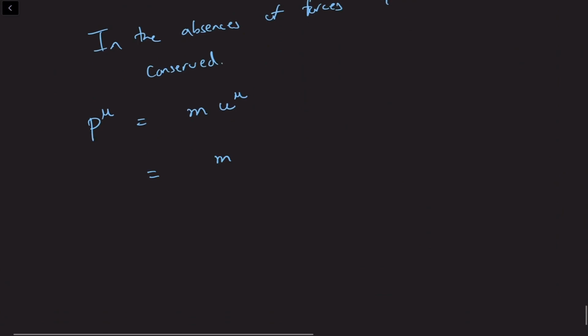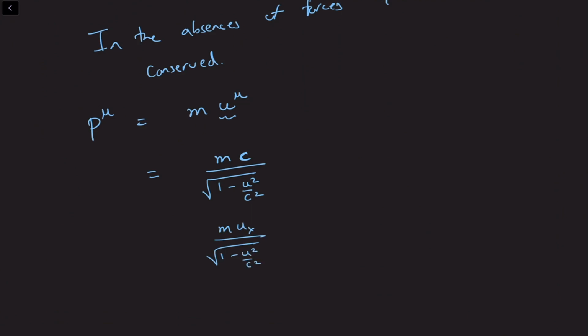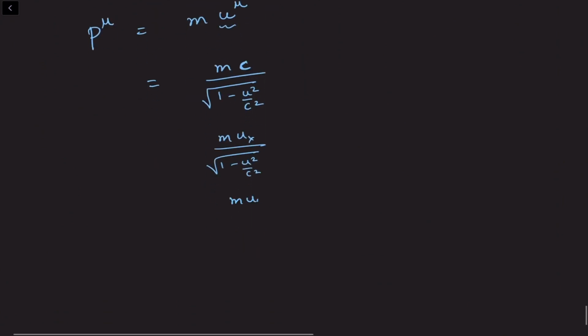If you recall the components of the 4-velocity, it's mc over the square root of 1 minus u squared by c squared, where the particle has a velocity u in the frame S, and whose components are ux, uy, and uz.